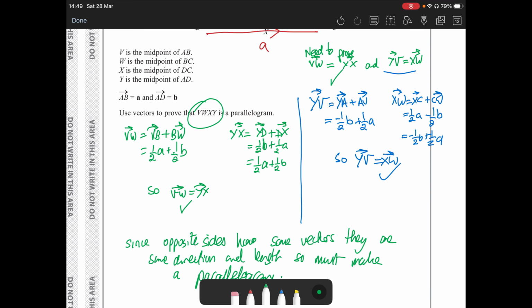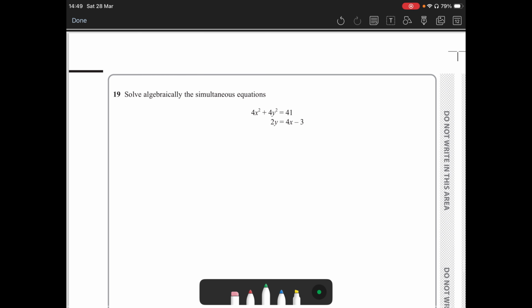Maybe 3, actually. Right, non-linear simultaneous equations. There are a few ways you can do this. I'm going to start by making y the subject. y is 4x minus 3, all divided by 2. We can simplify this as 2x take away 3 over 2.